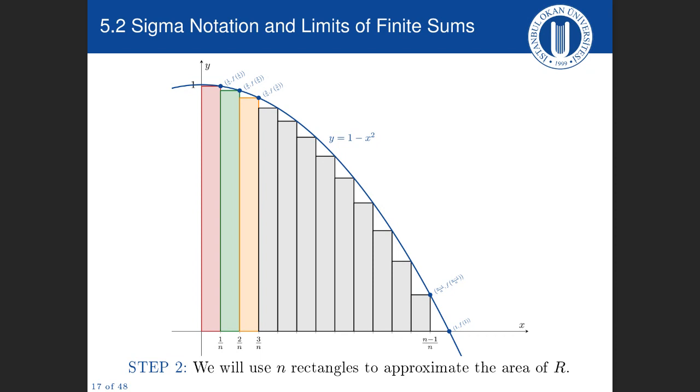If our function was increasing, we would need to use the left-hand side instead. So only right-hand side for a decreasing function. So for example, this is very small, but hopefully you can see it. This is the point 1 over n, f of 1 over n, and this is the point 2 over n, f of 2 over n.